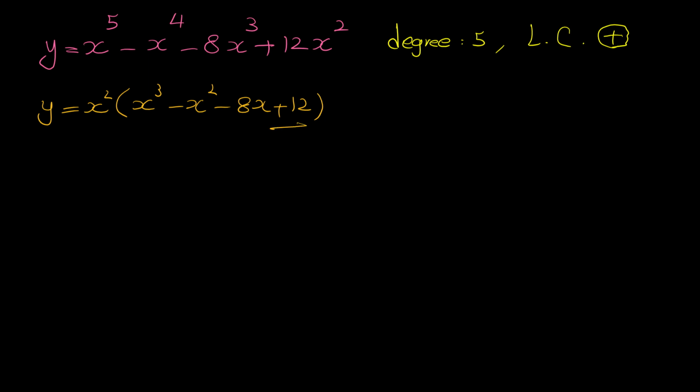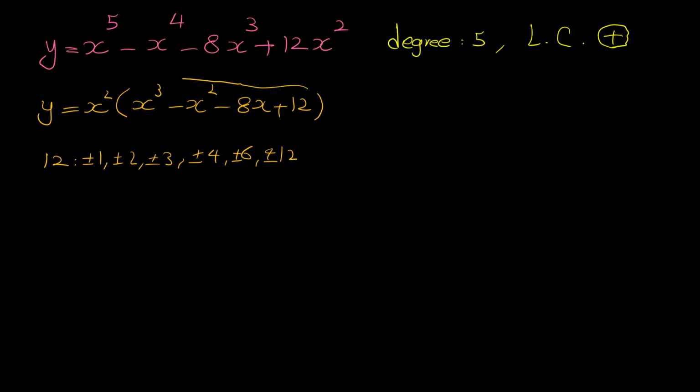Because here we have 12 and this coefficient is 1, the possible factors for this polynomial are in this list. We have to write down all factors of number 12: plus minus 1, plus minus 2, plus minus 3, plus minus 4, plus minus 6, and plus minus 12.